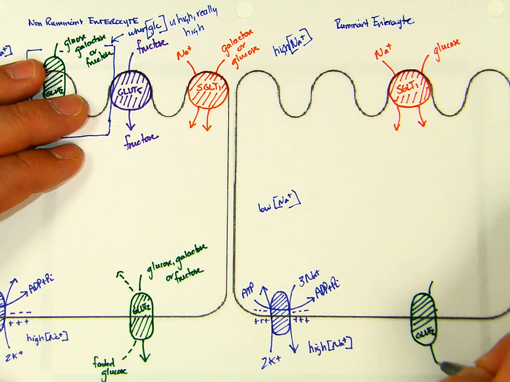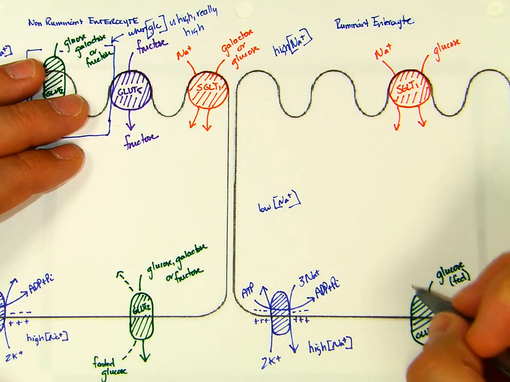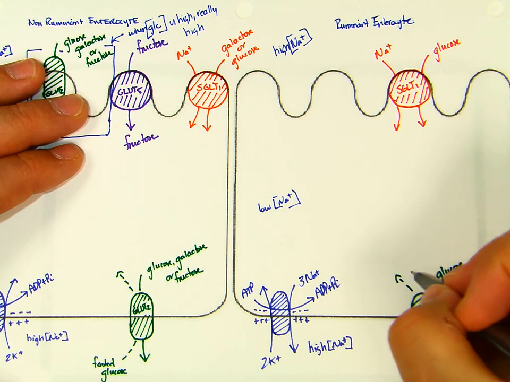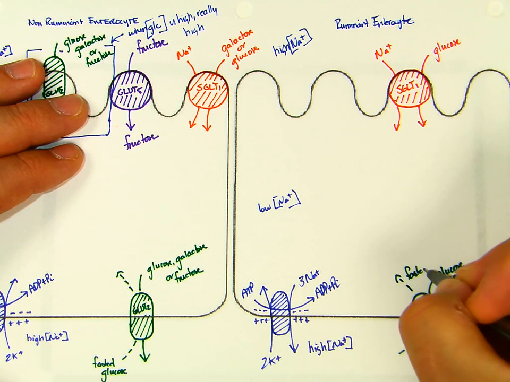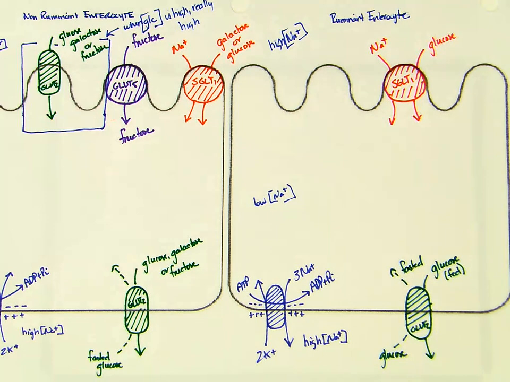And GLUT2 takes glucose out when the animal is fed, we're absorbing glucose. And when the animal is fasting, it's going to bring glucose into the cell.